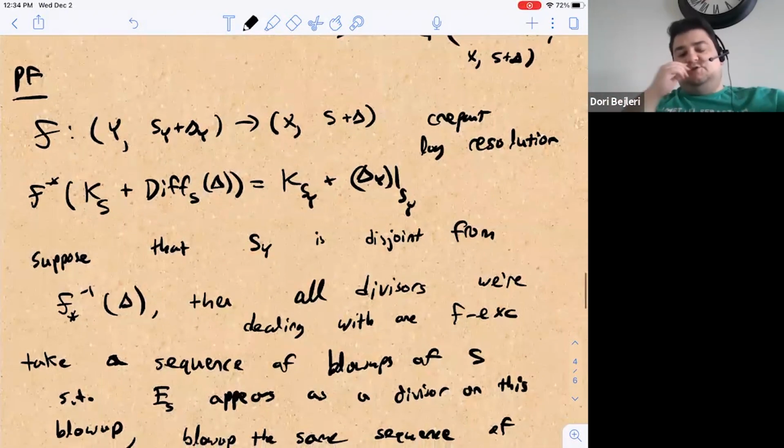So on this log resolution, we see all the divisors. So the discrepancies are just minus the coefficients of the boundary.